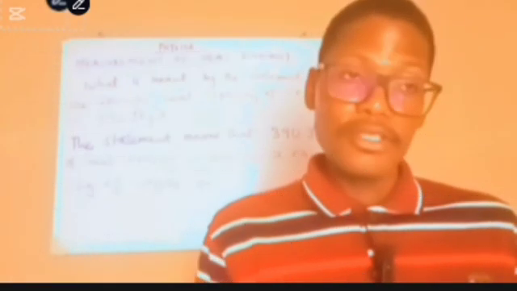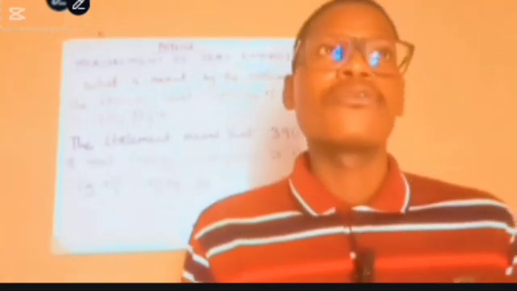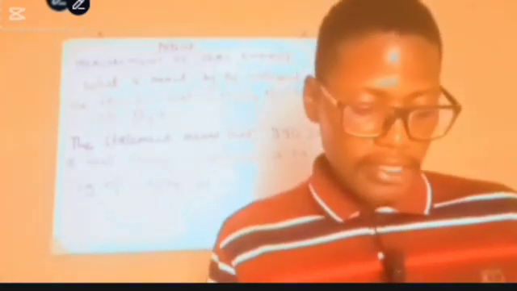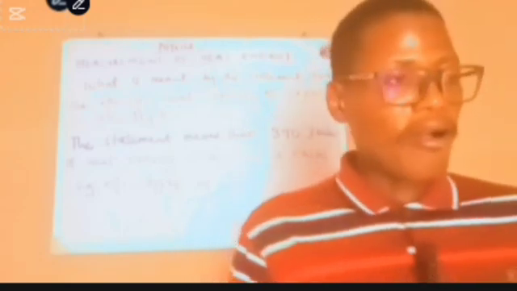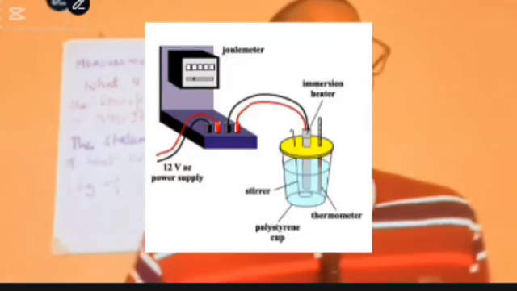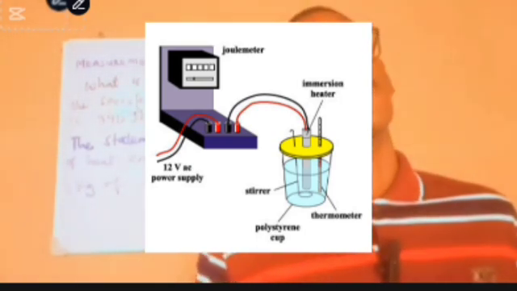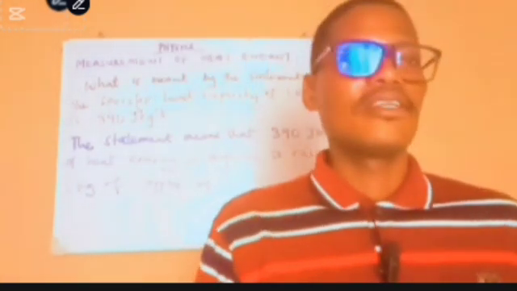This one is not really a challenge to many students, but by the time we get to experiments to measure the specific heat capacity of solid or liquid by method of mixture, it becomes a challenge. But stay tuned because I'm going to use a simple illustration for you to understand it. Thank you.